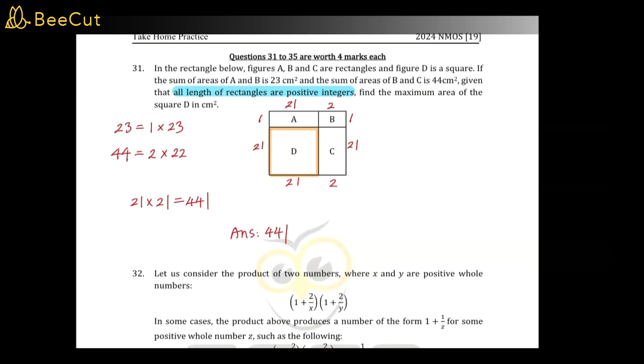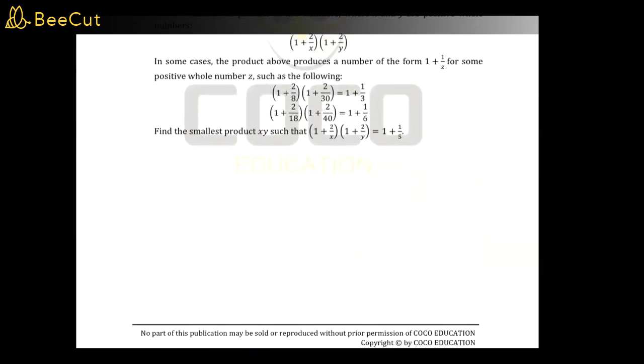Okay, now for the next question. Let's simplify the expression. First, we expand the bracket. We use the FOIL method: first, outside, inside, and last. The first number of each bracket times together, this 1 times 1.